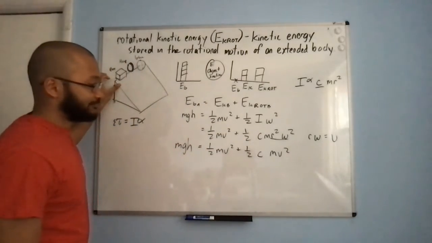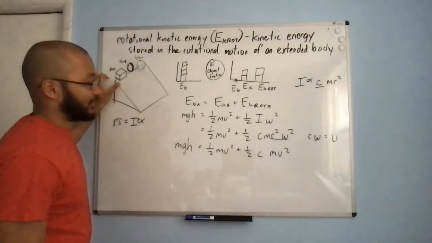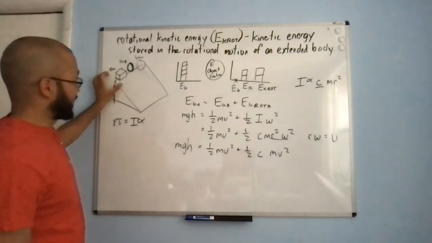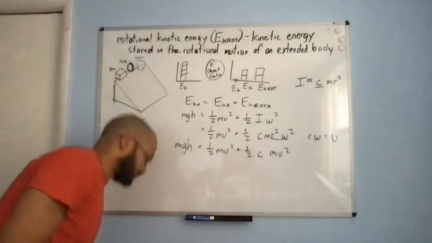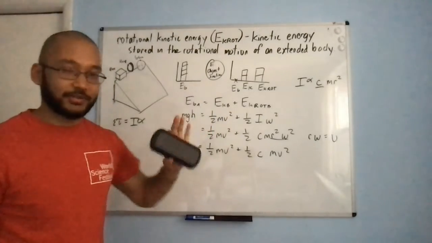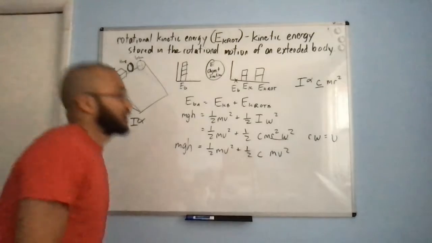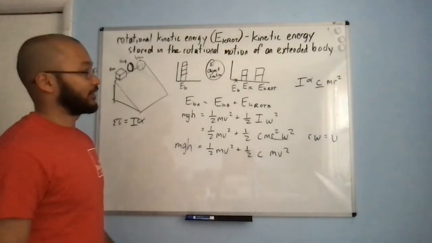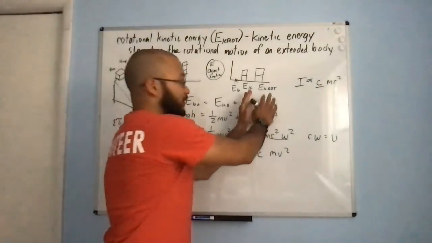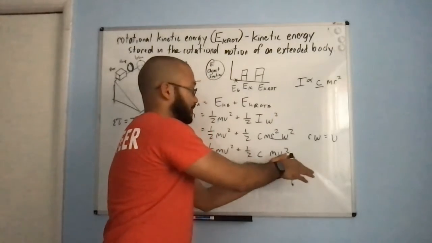I don't want to say that it has no rotational inertia. It's just, in this case, it's not rotating. Theoretically, I could rotate a box. So it's not right to say that the coefficient is 0, but if something's not rotating, this term goes away.